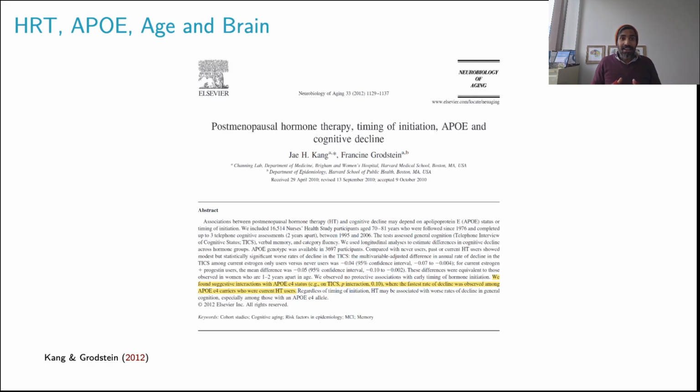And again, in Kang's paper, if you were astute-eyed, you would have noticed that actually the p-value is greater than 0.05, and they describe it as a suggestive interaction. So in fact, it didn't meet the threshold for statistical significance.